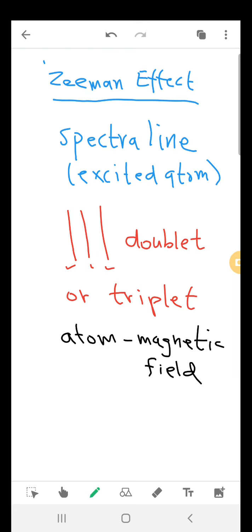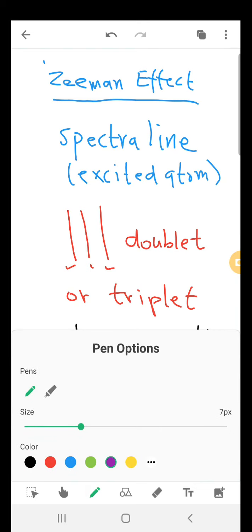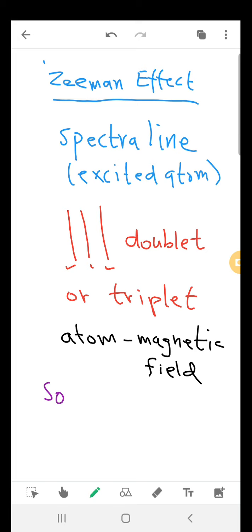Now, to produce the Zeeman effect, what we first require is a source of light.